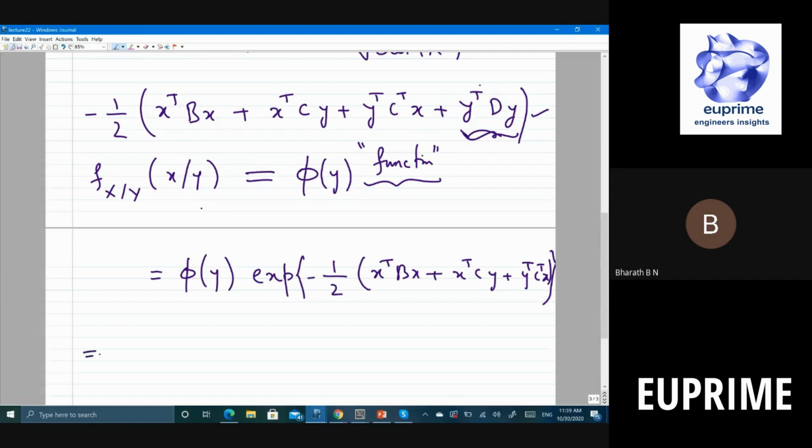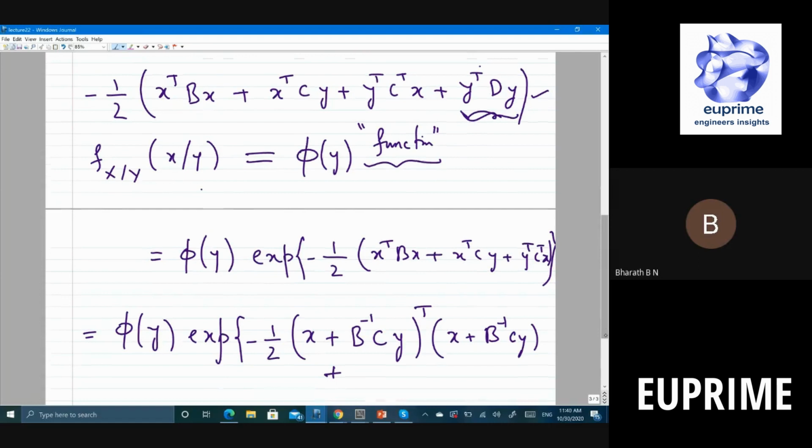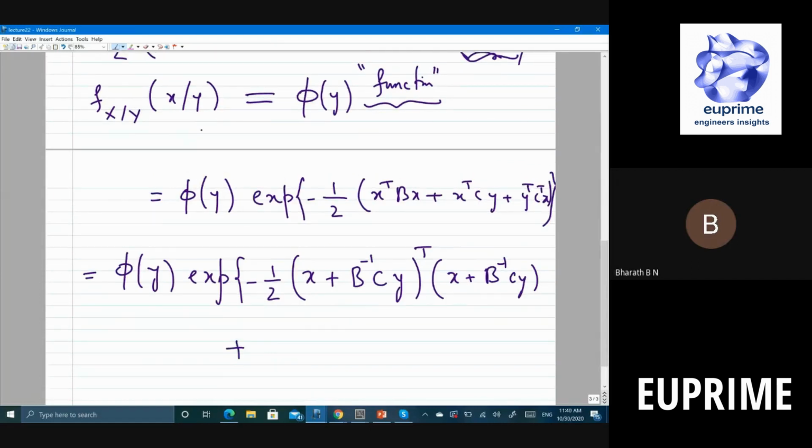Again, I can write this as p of y times exponential of minus half, and complete the square as follows: x plus B inverse Cy whole transpose, times this whole thing into x plus B inverse Cy, plus y transpose C transpose B inverse Cy. This is how I can complete the square.